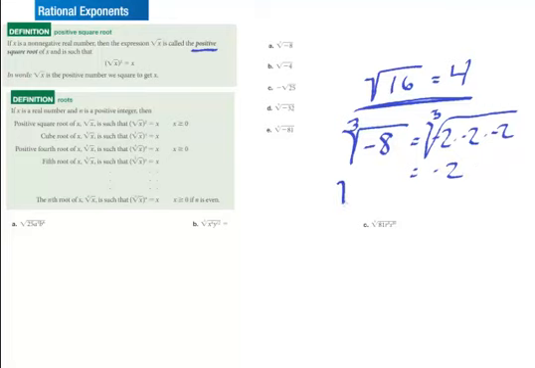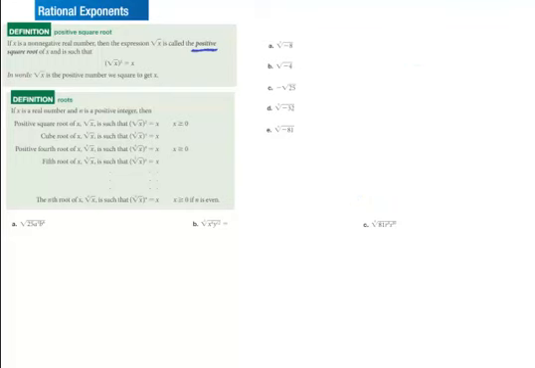The same way, the cube root of 8 must be 2, because the negative version wouldn't work for that. So the cube roots and the 5th roots and 7th, any of your odd roots can have negative answers, but those even roots you're going to have to be careful with. And that's what all that mess over there on the other side, the definitions, where we're talking about the different roots. So let's look at some problems and see what we can do here.